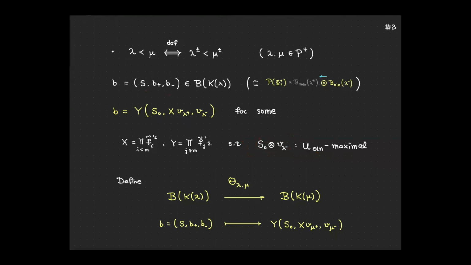So we pick up the maximal element with respect to the GL0 U0n crystal. Then we apply the same pair of operators x and y to the triple. Here S0 comes from here, and we replace V lambda plus and V lambda minus by mu plus and mu minus.